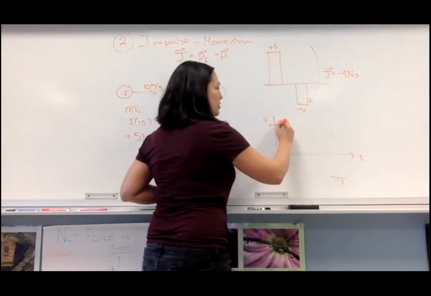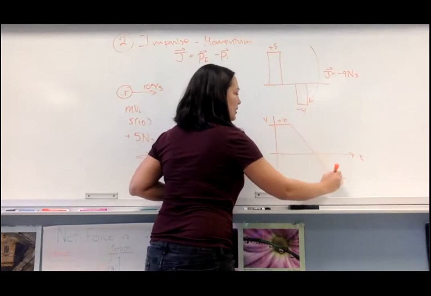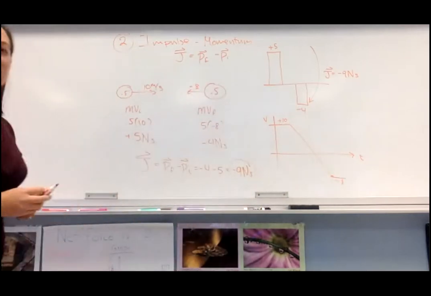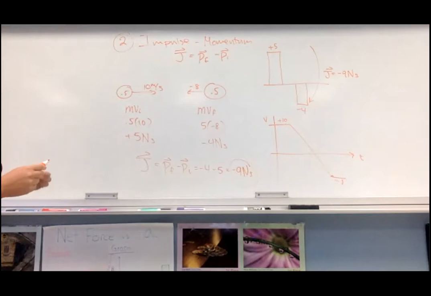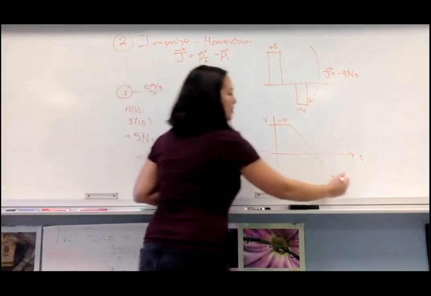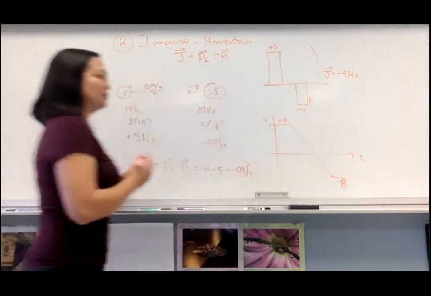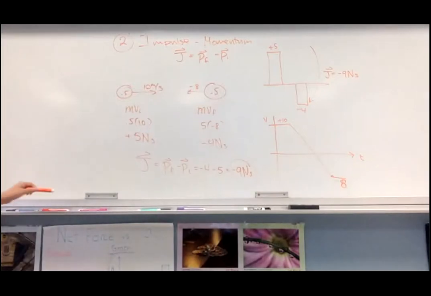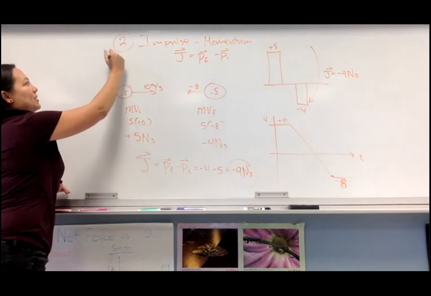So then I would simply connect the dots in between. Your graph might look like two funky trapezoid things. That number on the bottom is a negative 8. Okay, so if you're stuck on the impulse momentum theorem and you need to review that, go try homework 3.2.